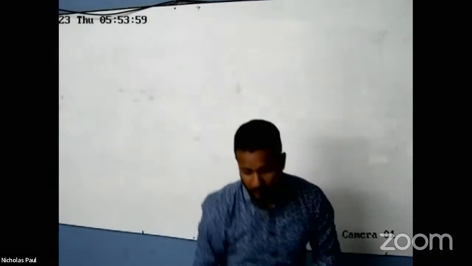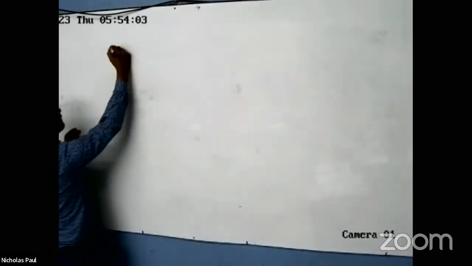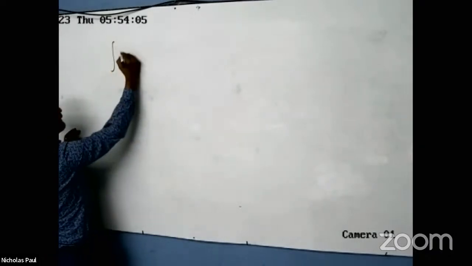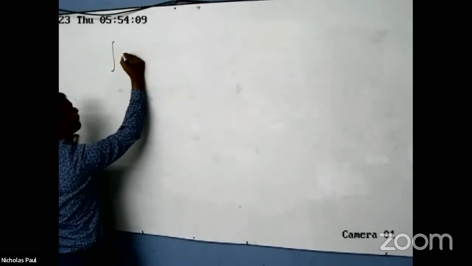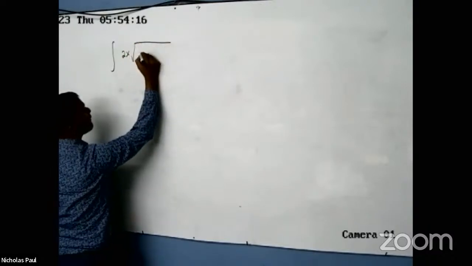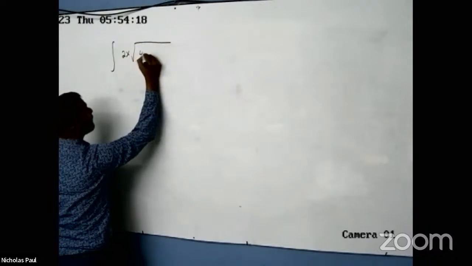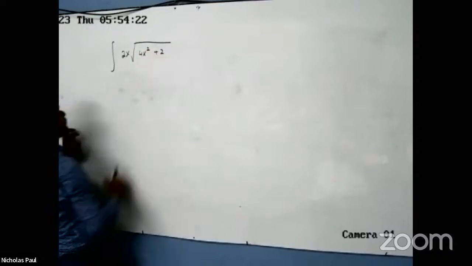All right, so sometimes you're going to get questions like this. It's very difficult to simplify. So for example, if you have to integrate 2x square root of 4x squared plus 2.